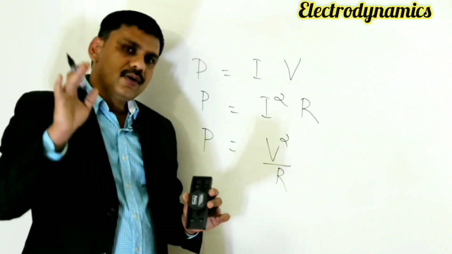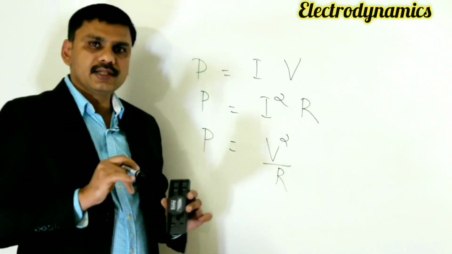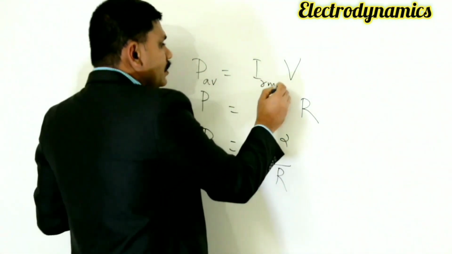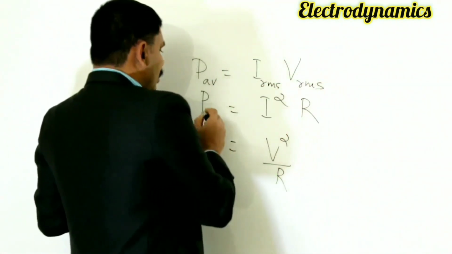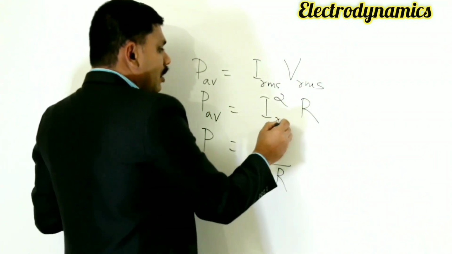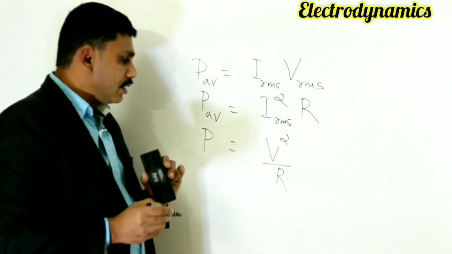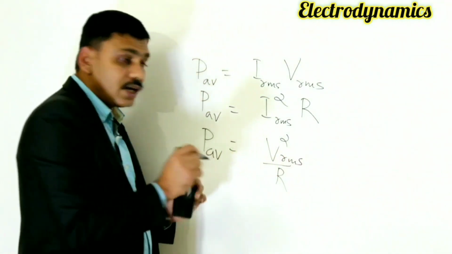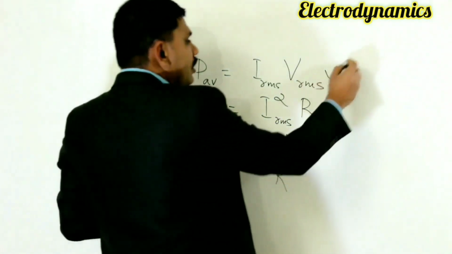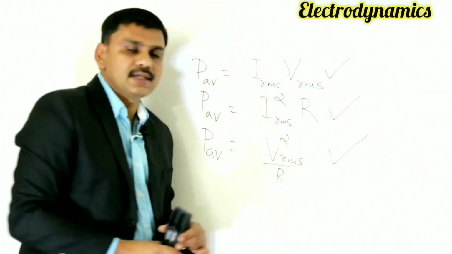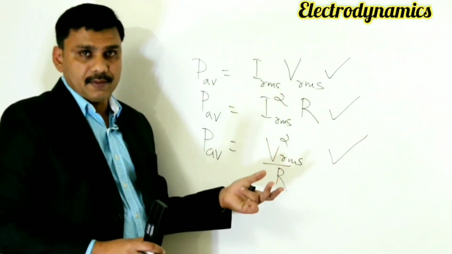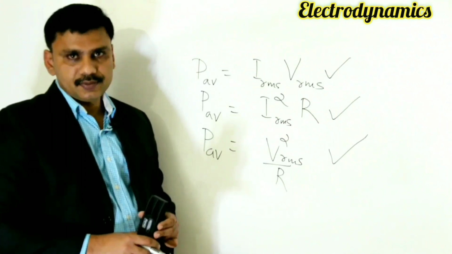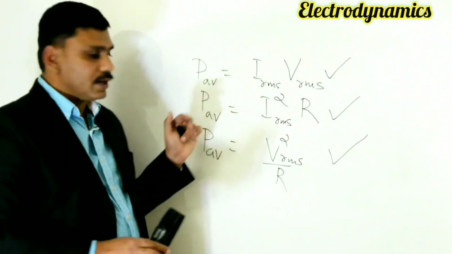But in the case of alternating current and alternating voltage, these equations become P average equal to Irms square multiplied by R, and P average equal to Vrms square divided by R. So the equations will change like this in the case of an alternating waveform. Instead of I, Irms; instead of V, Vrms. So these equations you must remember.